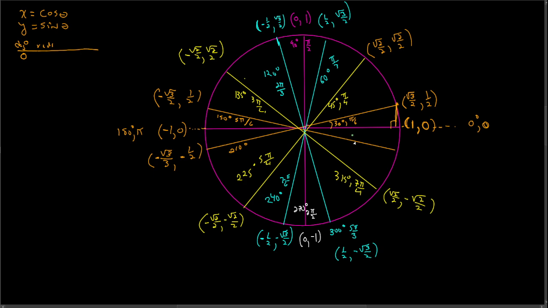And we get to 330 degrees, or 11 pi over 6. Cosine is still positive, root 3 over 2. And sine is negative 1/2. And then we come back to 360 degrees and 2 pi, and we've completed a period around the unit circle. So from these two shapes, a unit square and a unit equilateral triangle, we can actually develop the whole unit circle.